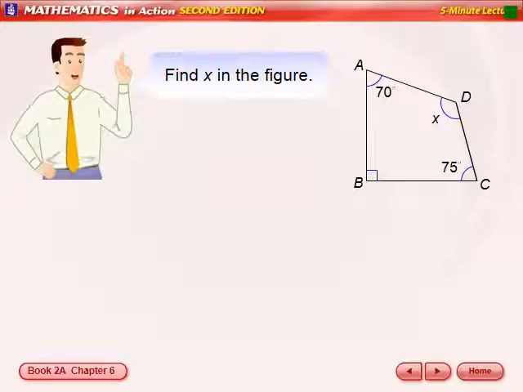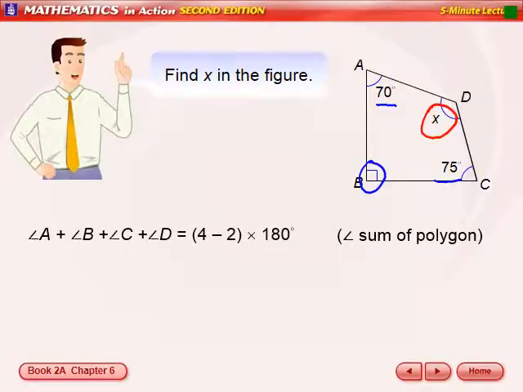In fact, for the angle sum of polygon, the method is similar to the angle sum of triangle. For example, right now there is one unknown x here, and there are 3 given angles. If we want to find the x in the figure, we just add all 4 interior angles.